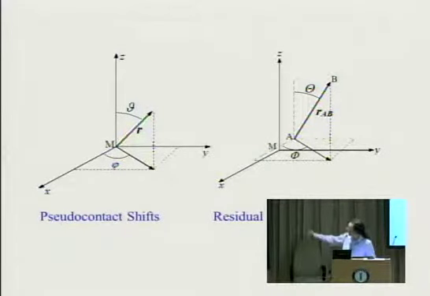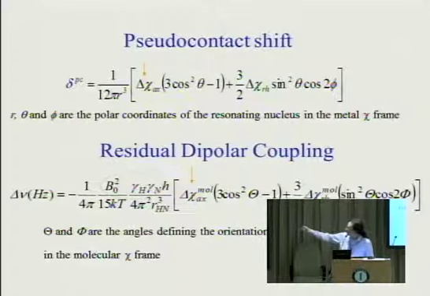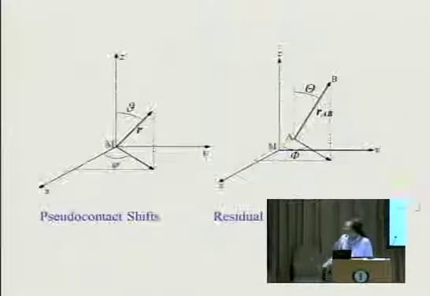And you see the similarity here. The residual dipolar coupling does not depend on the distance to the metal. If you are measuring, for example, the amide proton, amide nitrogen residual dipolar coupling, it just depends on the bond length of the amide bond, which is a constant. So in principle, all this thing here, if you're working at fixed magnetic field, is constant and does not depend on the metal to proton distances or metal to nucleus distances in this case.